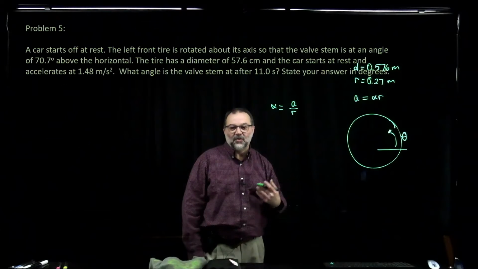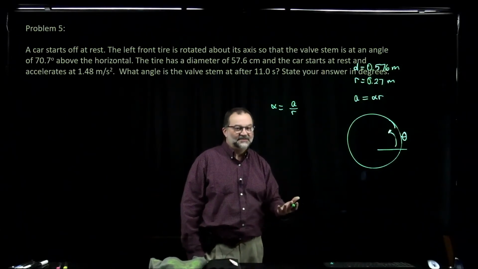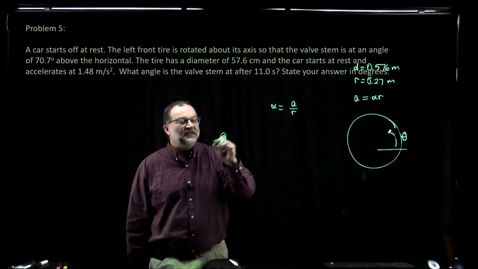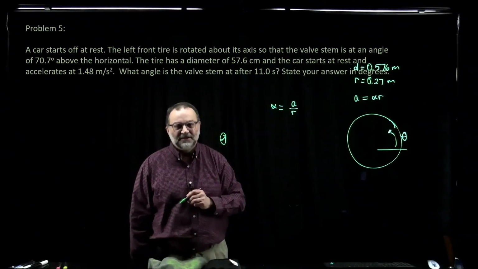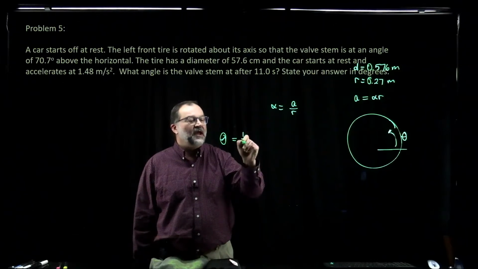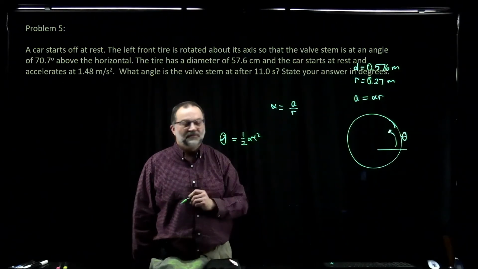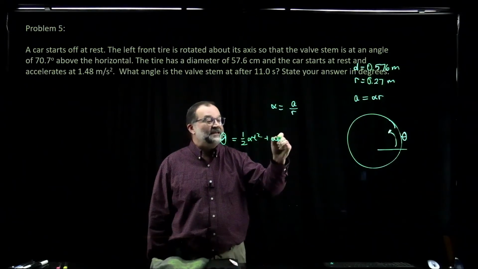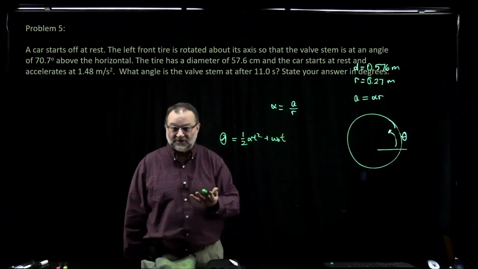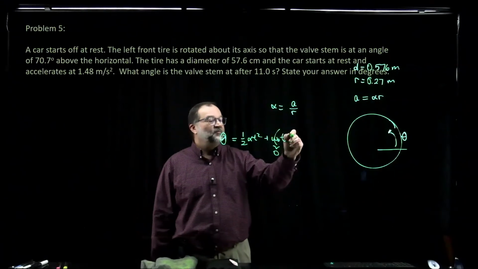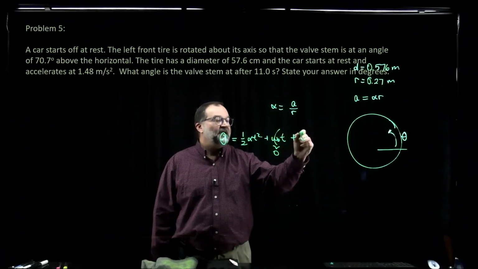And we want to know where the valve stem is after 11 seconds. When you ask where something is in rotational dynamics, you're asking for the angle theta that it's at. So theta is 1/2 alpha t squared, plus omega naught t, which is 0 because the car starts off at rest, plus theta naught.